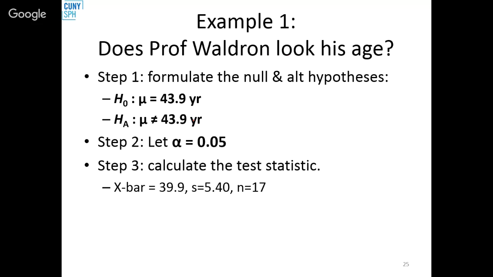So under the null hypothesis, which is that there's no change from the usual, which is my actual age, then the average of your point estimates would be equal to 43.9 years, and there would be random variation above and below that, but the average would be 43.9. And the alternative is that it's not 43.9, above or below.